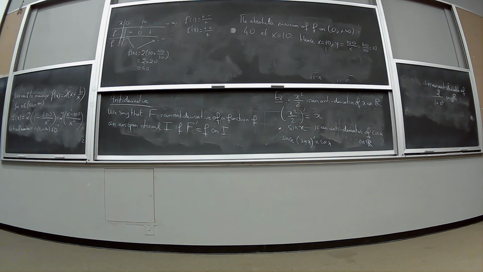Who can help me with this? Yes, sir. 2 arctan of x. 2 arctan of x, right? What do you get when you differentiate 2 arctan of x? 2 over 1 plus x squared. Very good.